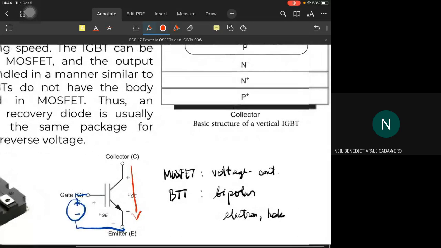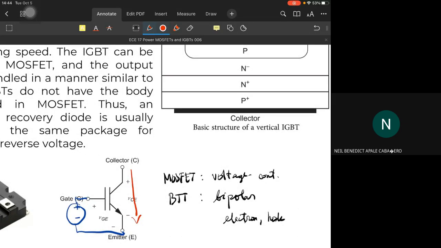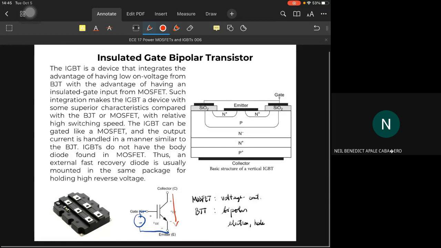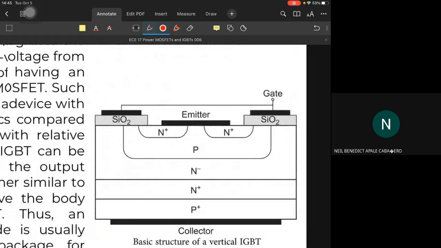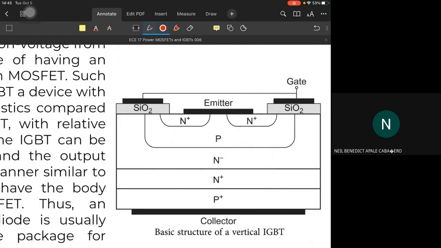So if we understand how BJTs and MOSFETs work, basically we also understand how IGBTs work. If we want to go deeper, we can analyze its structure, which we observed before for the BJT and the MOSFET.